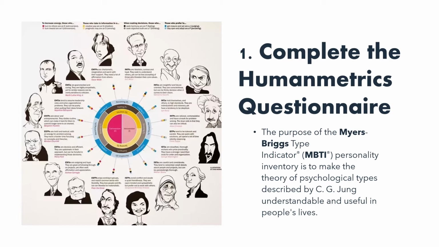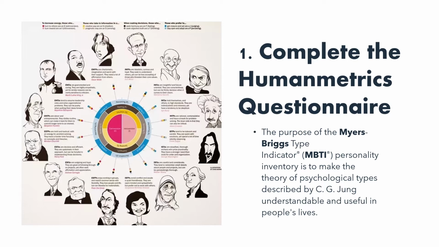Now, in this course, we are going to use the Myers-Briggs Type Indicator personality inventory to examine how this can help understand the fear of public speaking in order to get over the fear. So this course is mainly going to be based on what's called the Myers-Briggs.